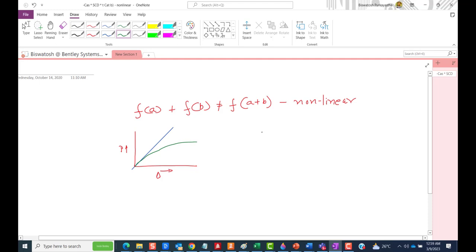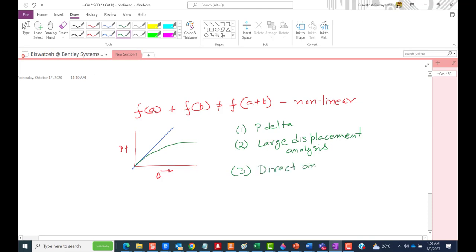Now, what are the different instances when the structure is behaving non-linearly? Let's see a few of the most common cases. One is P-delta, second is large displacement analysis, also known as geometric nonlinear analysis. Third is direct analysis, which is specifically mentioned in the AISC code.